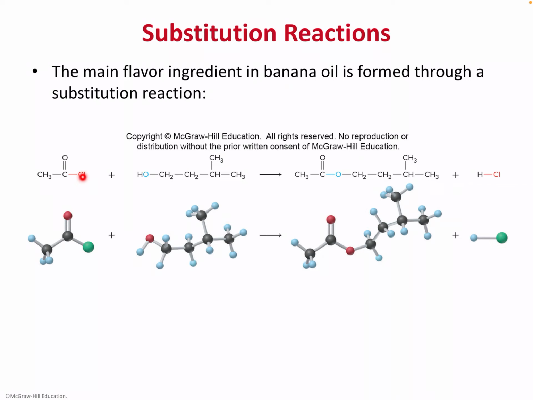So chlorine is being substituted by this alcohol. You see this blue oxygen connected to the carbon, and then the hydrogen is lost, and this hydrogen reacts with the chlorine to form HCl. Okay, and this is the ball and stick model representation of the same reaction. So this is a substitution reaction.